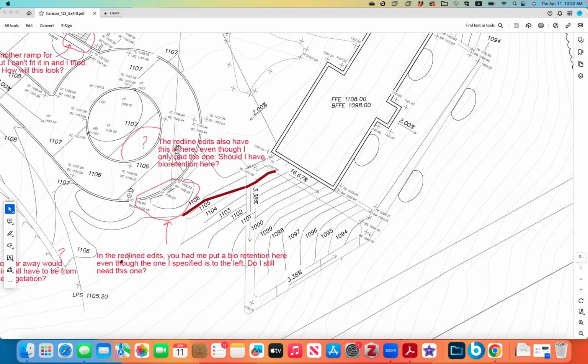It should be this one, right? So the 1105 might be something like this. Does that make sense? And then this goes up like that. So you have these, and then you need to figure out a way of how do I connect these contours back to the contour segment along the ramp. So that's basically how you do the ramp contour.